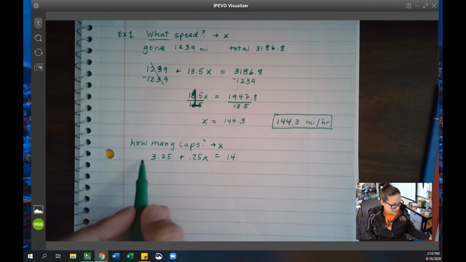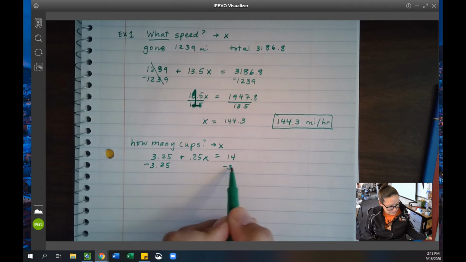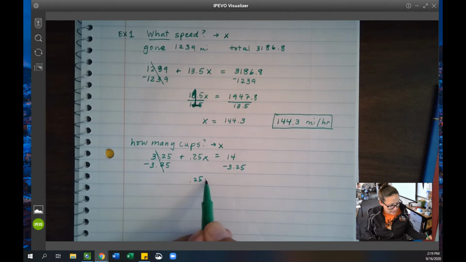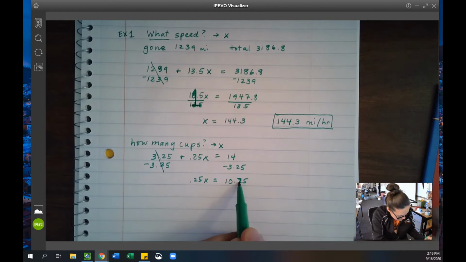So I'm going to solve this. I'm going to subtract 3.25. That's 0.25x equals 10.25. 10.75, my bad.